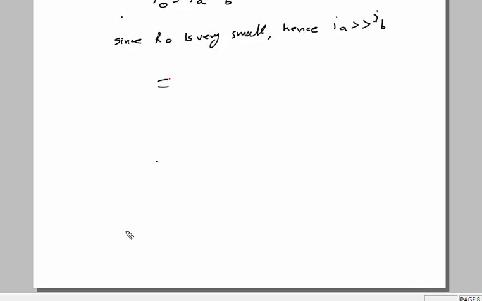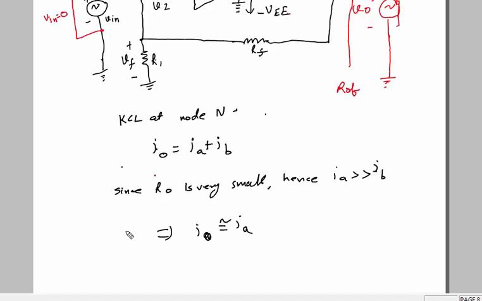Since I naught equals IA plus IB, I naught is nearly equal to IA.